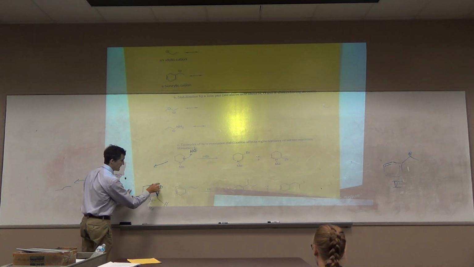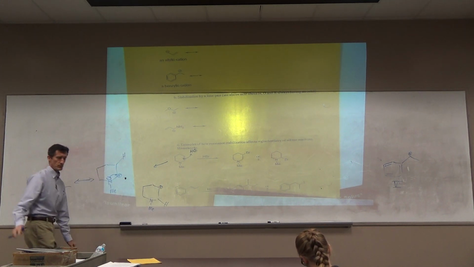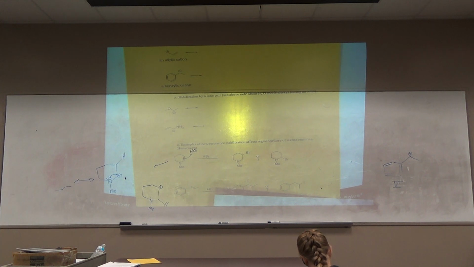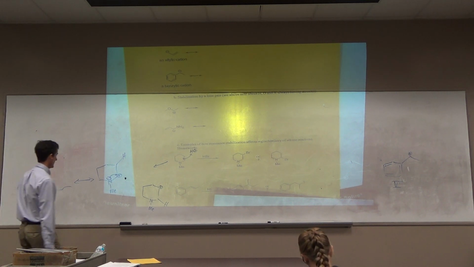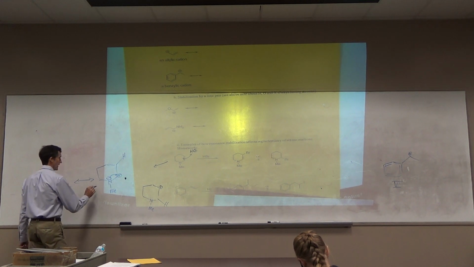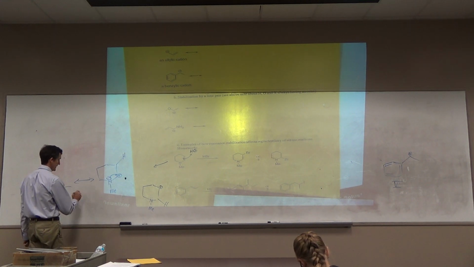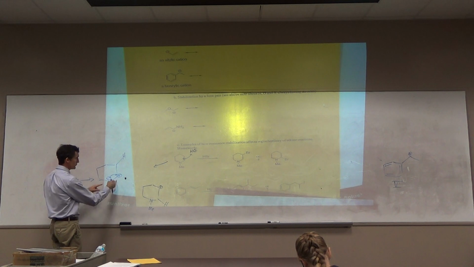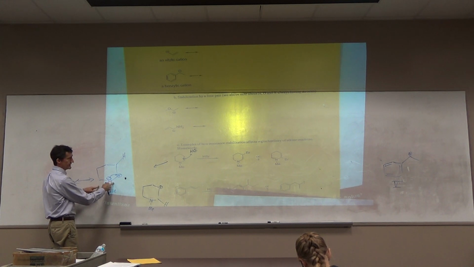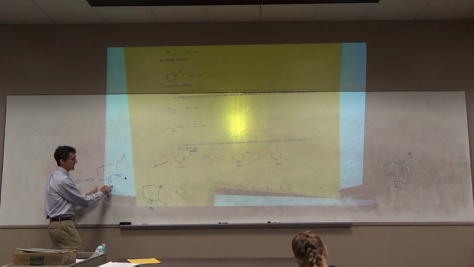There's no p orbital. That's an empty p orbital overlapping with nothing. If it's not overlapping with any other p orbitals, then how can it get electron density through resonance? It can't. There's no connection. Okay? So we have a resonance delocalized cation. That's going to be the best.